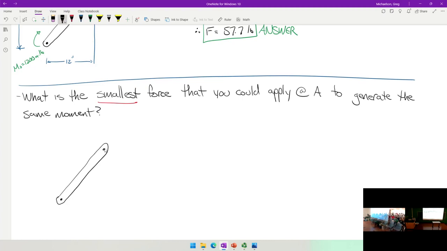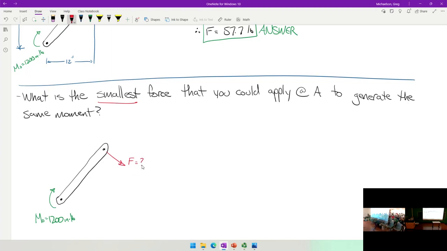So here's the bar, and I want to generate a moment again. And so in order to do that, the most effective way of doing it would be to apply that force that way. That's the most effective way of doing it.